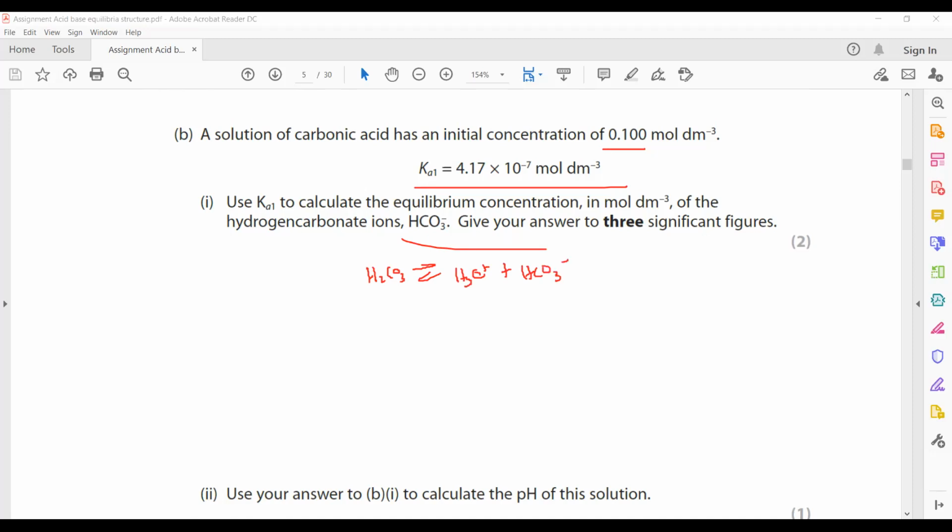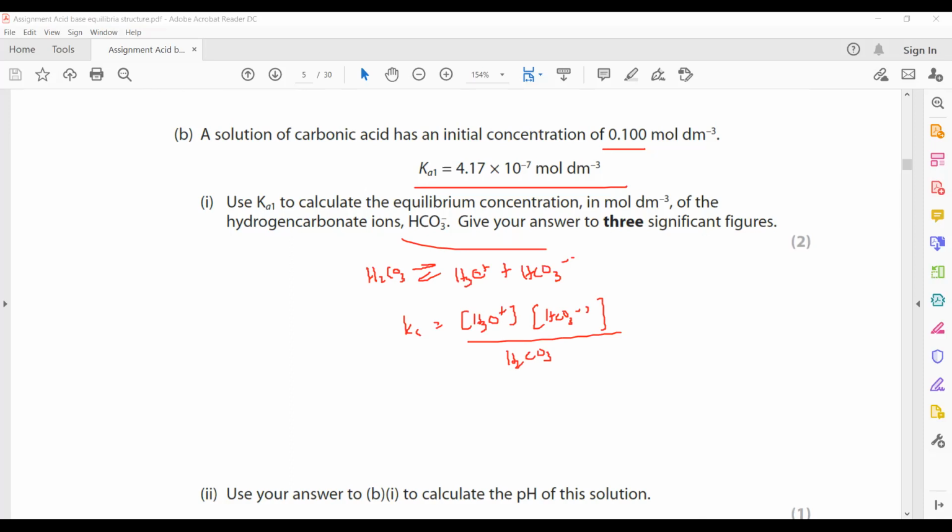I did not include water just to write. So when I write Ka, that is the product H3O+, then HCO3- divided by H2CO3. K is given for us.